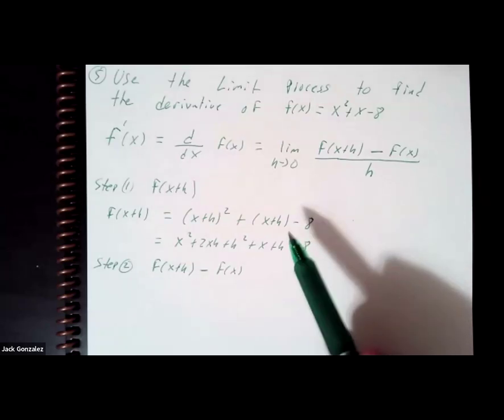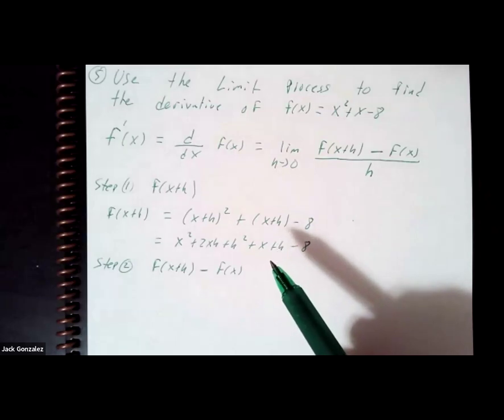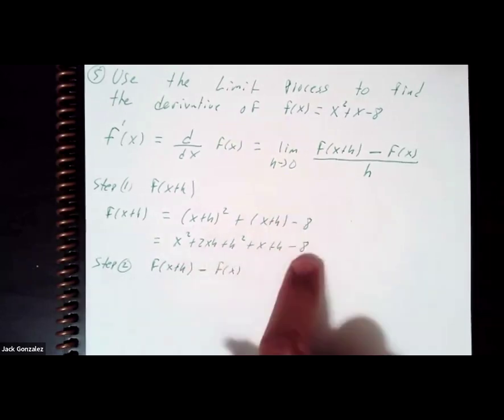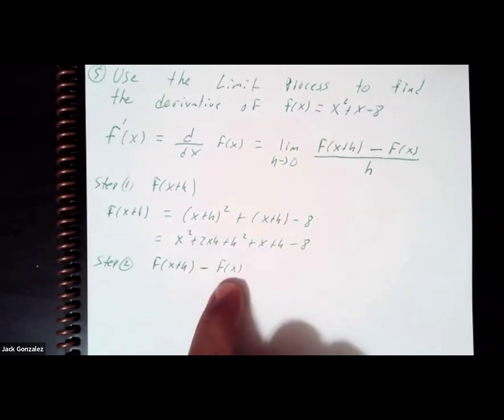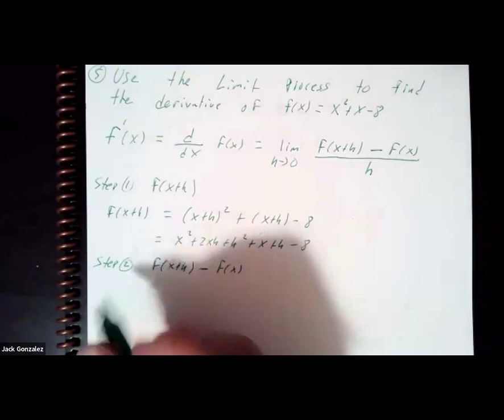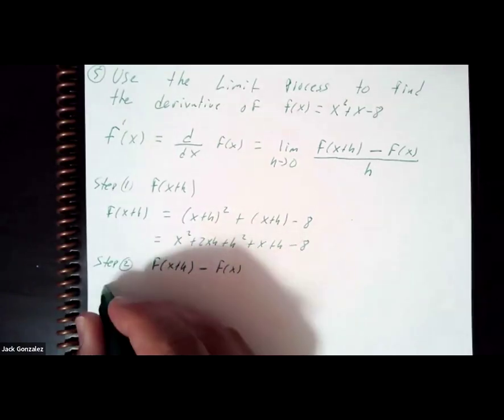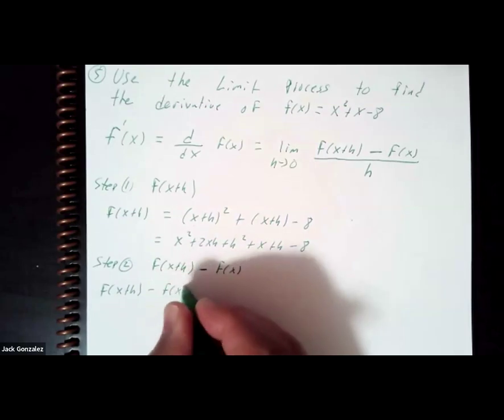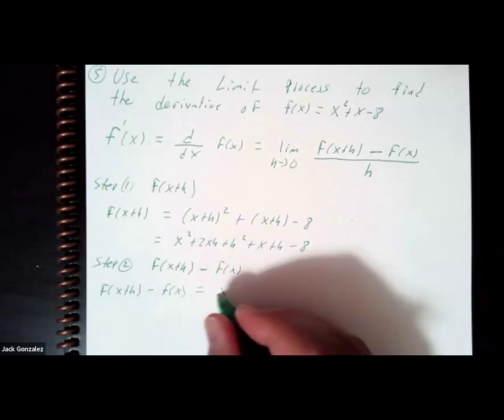You guys cool with step one? Okay, so let me know. So take this result, this is right there, subtract the original f. So that will be all this garbage.